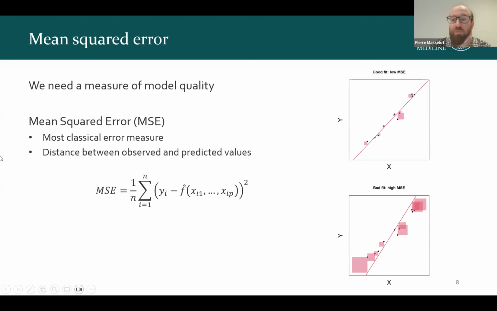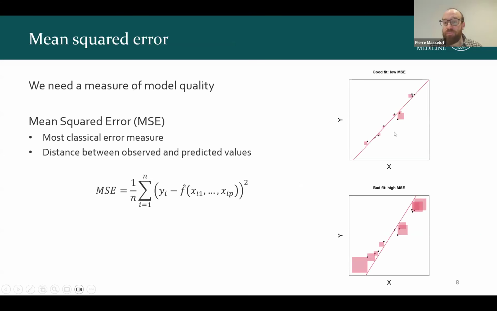A simple measure that we can work with initially is the mean squared error, and what I show later is really based on this mean squared error. How we measure the error we make in our prediction is that we take the difference between our observed target and the prediction we make, we square it, and we take the average of this squared difference.